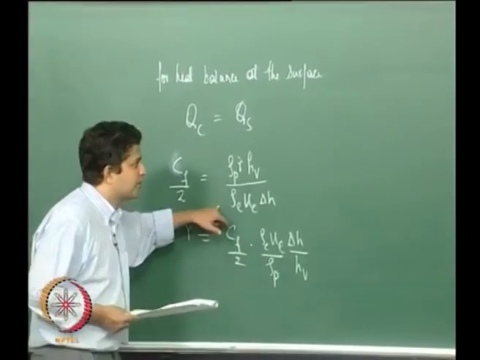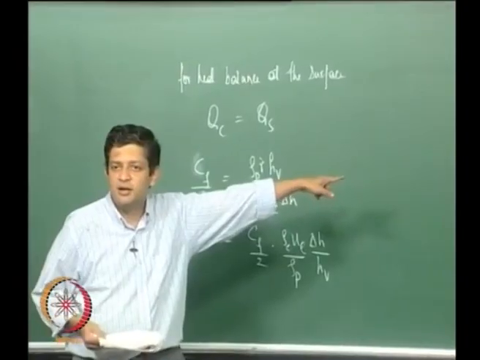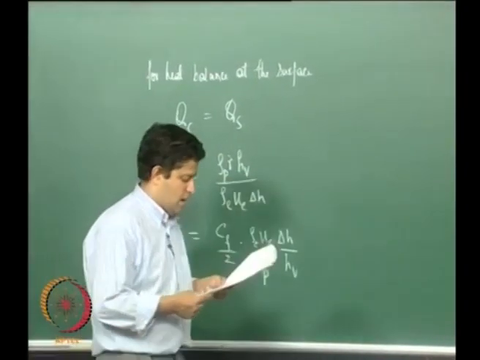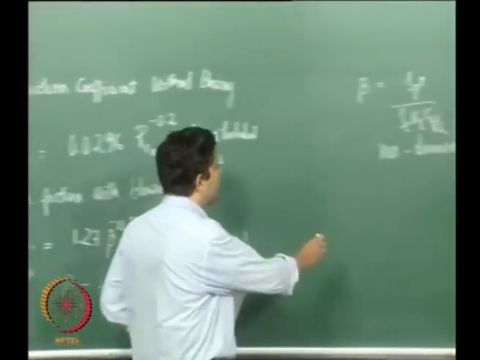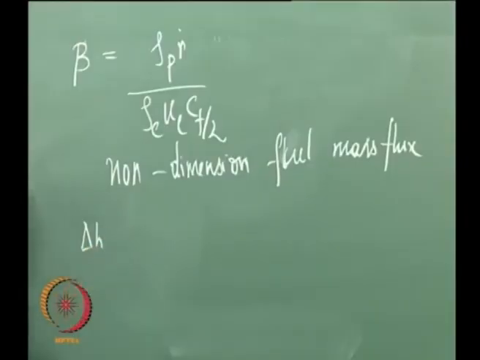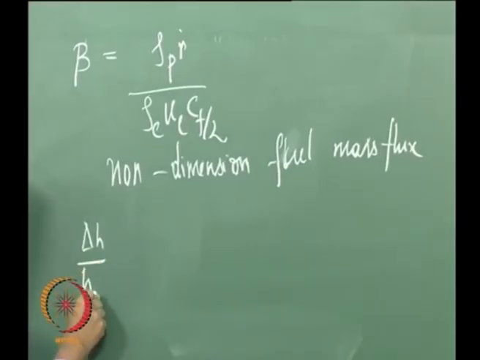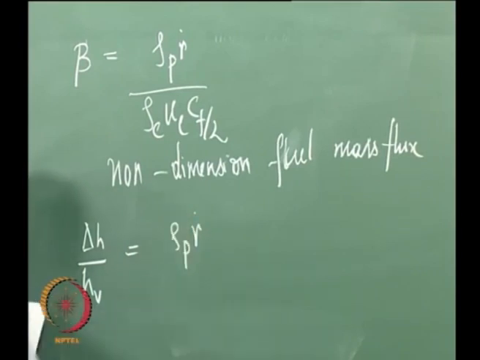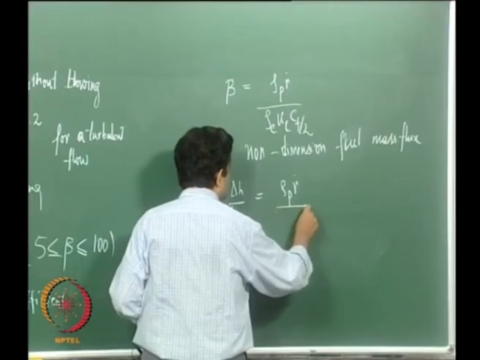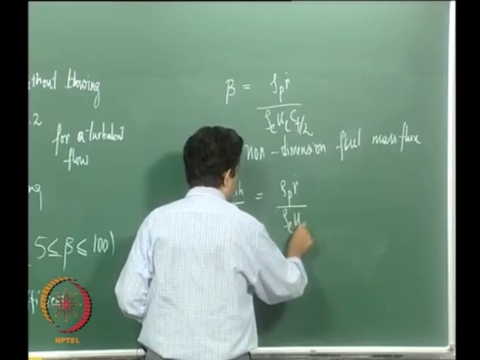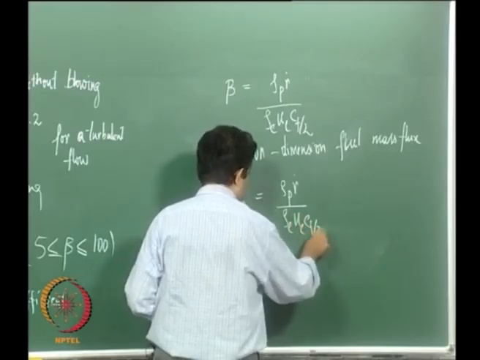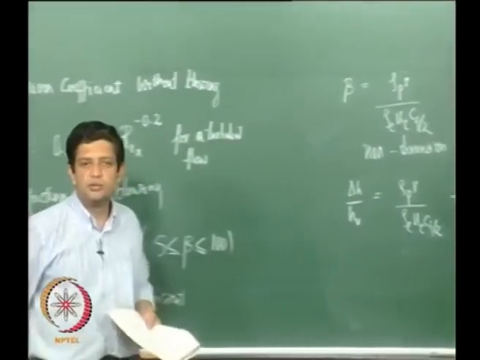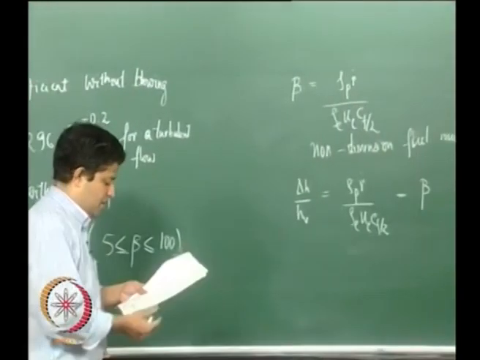If you look at this expression and the expression for beta, there is some similarity between the two, and we can write delta h by hv, it is nothing but rho p r dot, that is equal to beta, right.